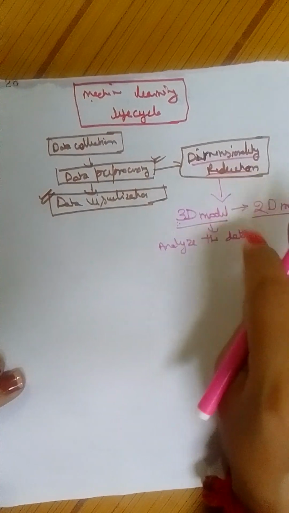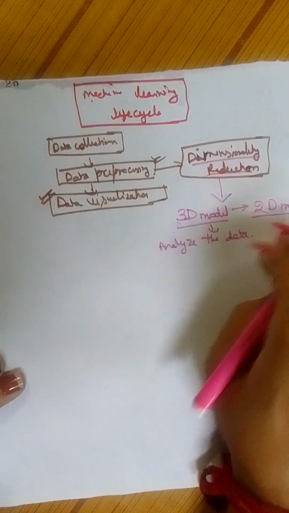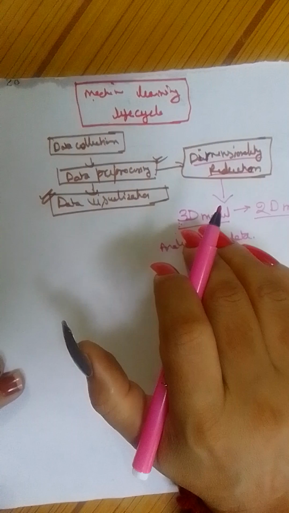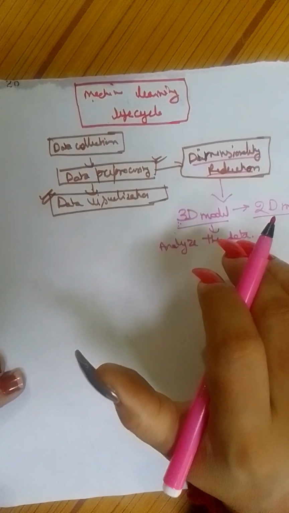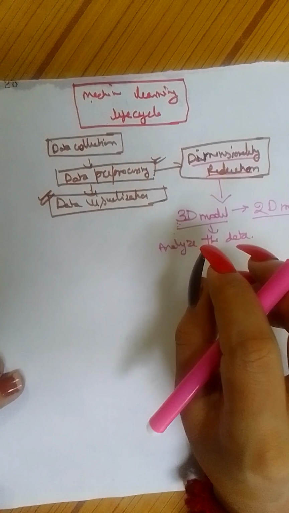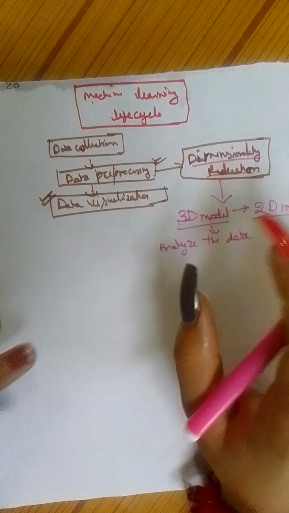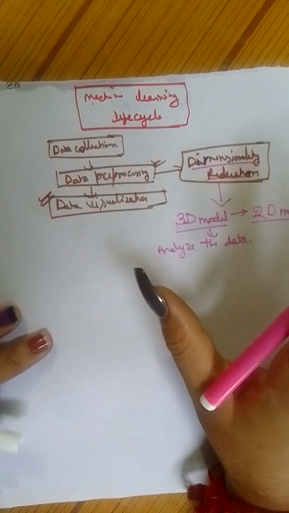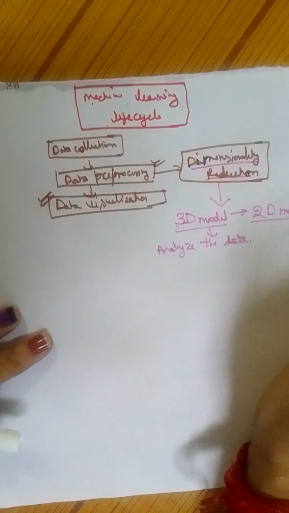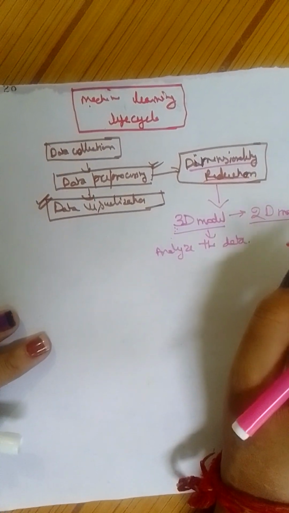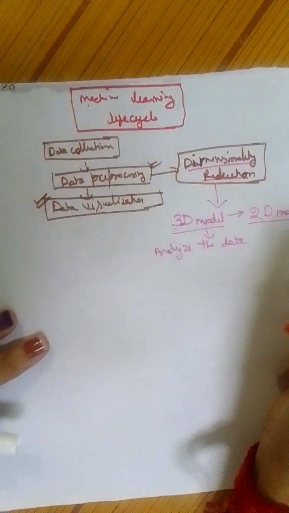You should know why they are converting this into 2D model, because it would be easy to check the accuracy during the AI model building. 2D model would be easily understandable by the AI model.